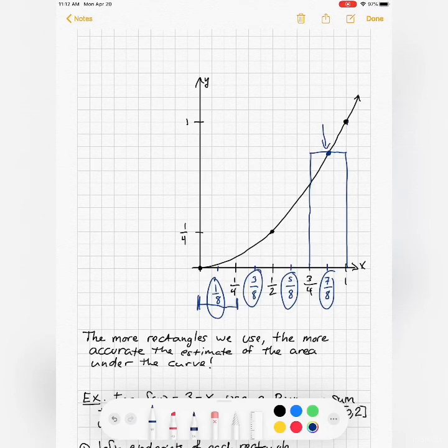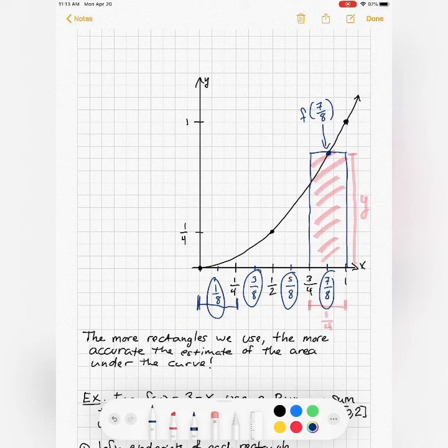So in order to find the area of this rectangle, I'm going to have to multiply its length, which is a quarter, by its height, okay? So I have to multiply the x times the y here. So I have a quarter, but then I'd have to know, well, what is the y here? What is that height? So that height is f of 7/8, right?